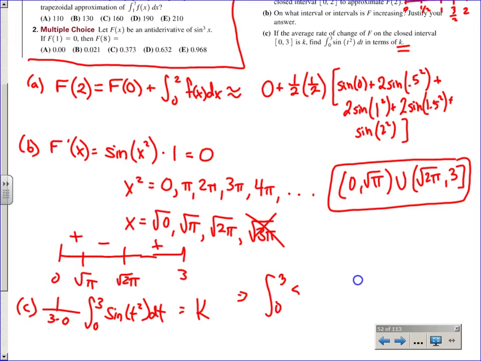Is it really as easy as this? So the average value I was able to set equal to K, and they said solve for this in terms of K. Well, how do I get that alone? Oh, times 3.